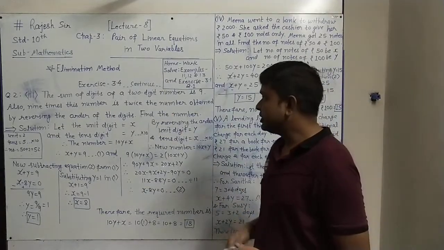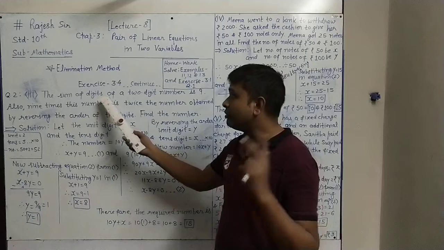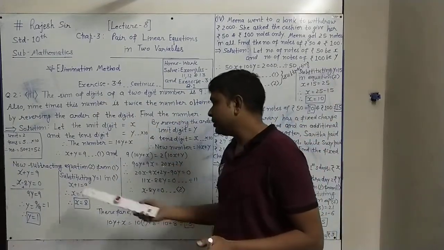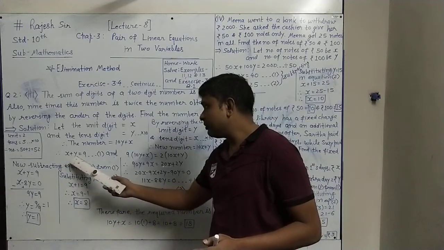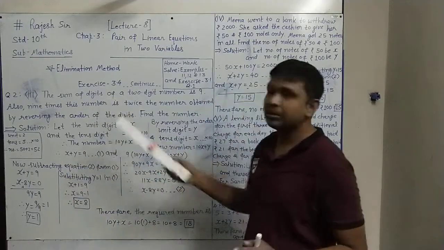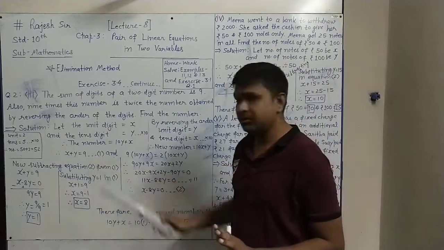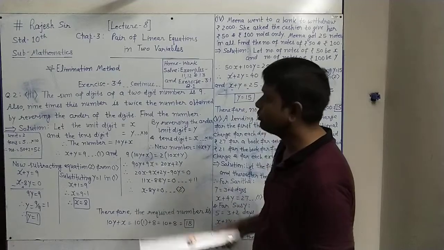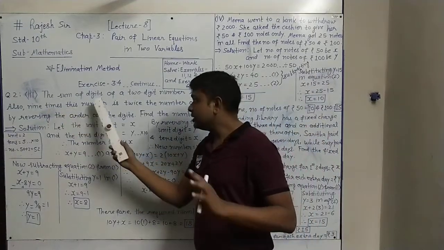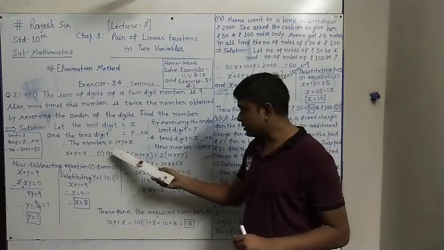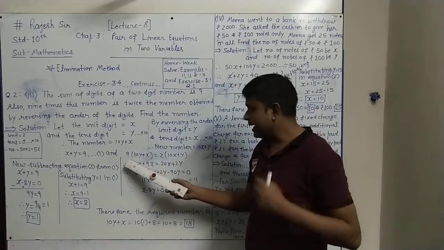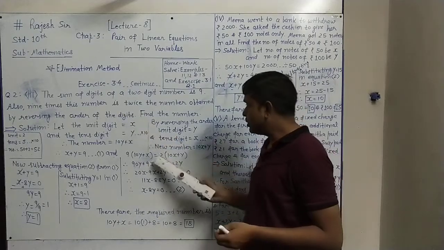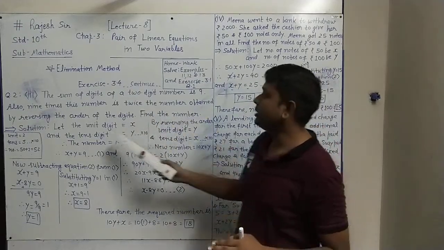Now read the conditions one by one. The first condition was that the sum of digits is 9. The digits are x and y only, so the sum of digits means x plus y equals 9. From the first condition, the first equation is this. And from the second condition, we will make the second equation: 9 times this number. 9 times the number 10y plus x is 9 into (10y plus x), equal to twice the number obtained by reversing the order.